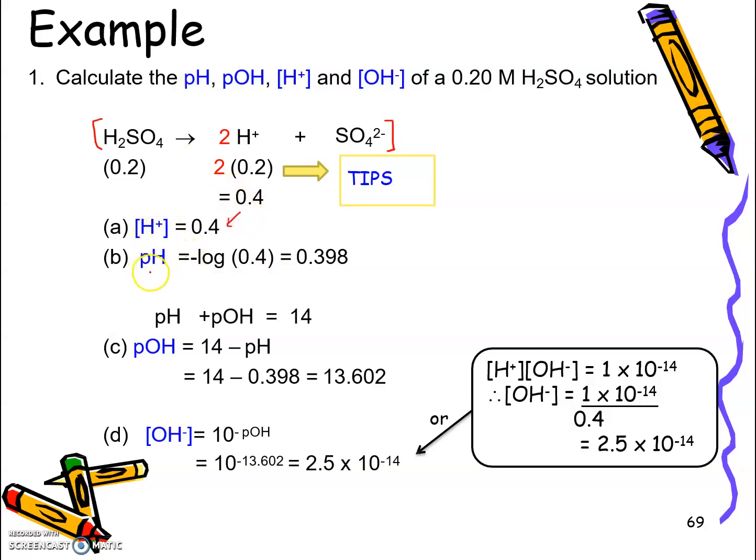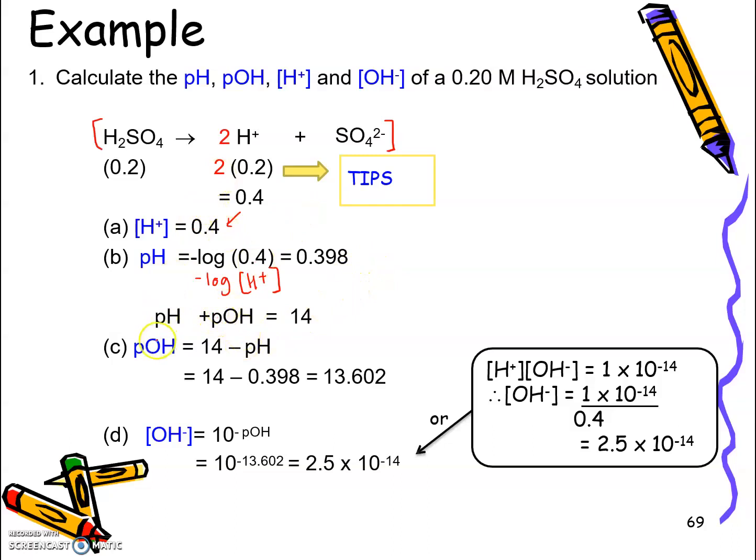To calculate pH, use the formula negative log concentration H plus. Negative log of 0.4 is 0.398. Here the pH is very low, so it is a very strong acid.